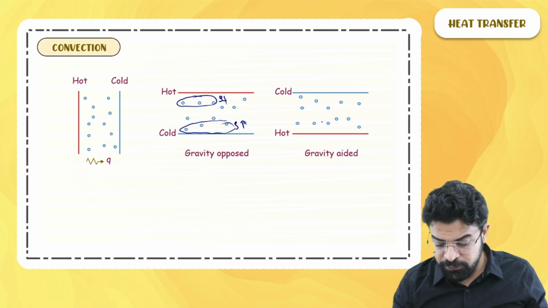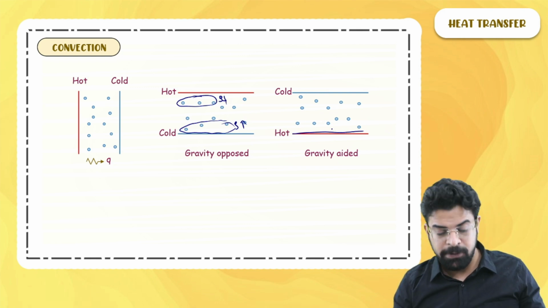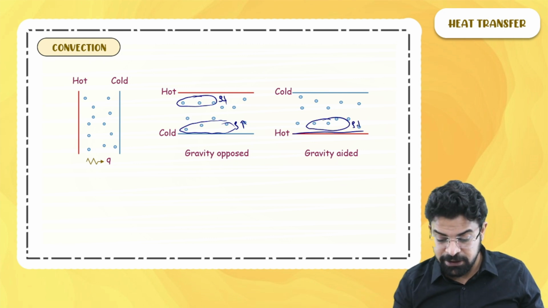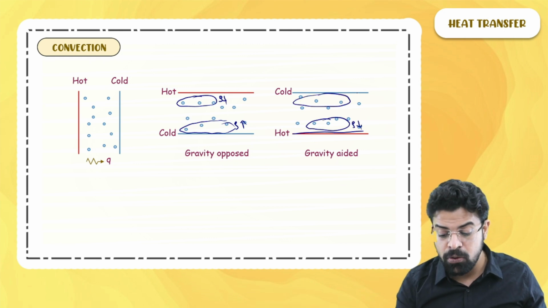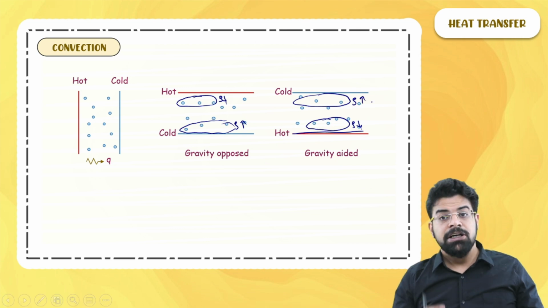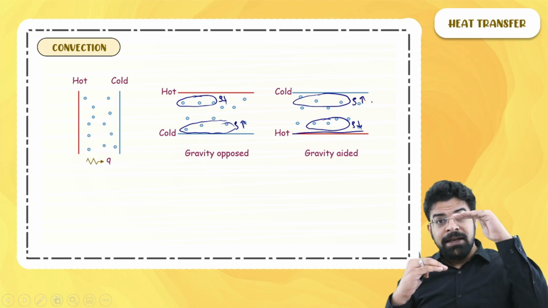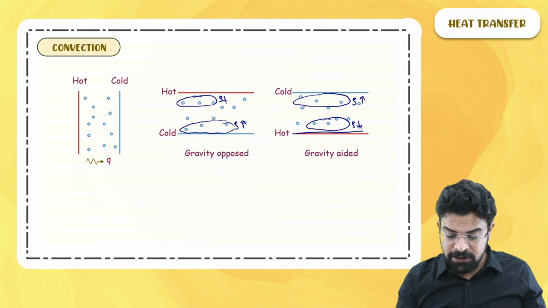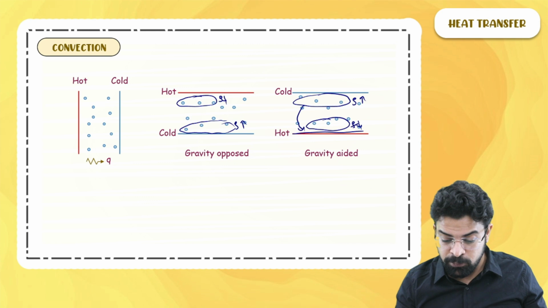But if you place the hot plate under the cold plate, then the air near the hot plate gets hot, its density decreases, while air near the cold plate gets cold, its density increases. Now because the denser fluid is above the lighter fluid, the denser fluid moves down and the lighter fluid moves up.